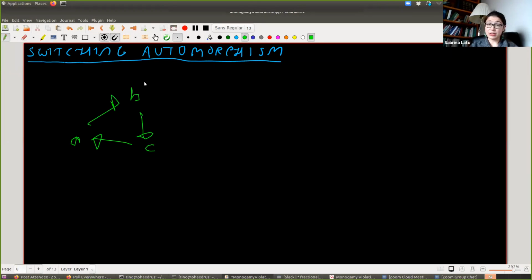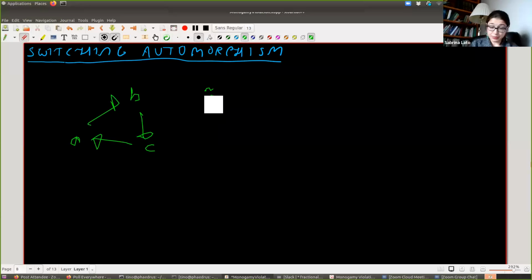One of the things that's happening here is that there's an automorphism P tilde taking A to B, B to C, and then C back to A.